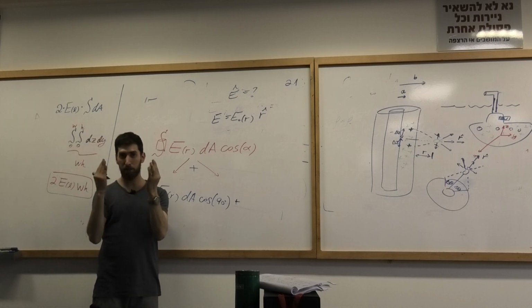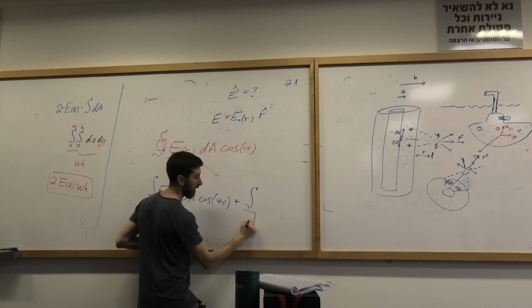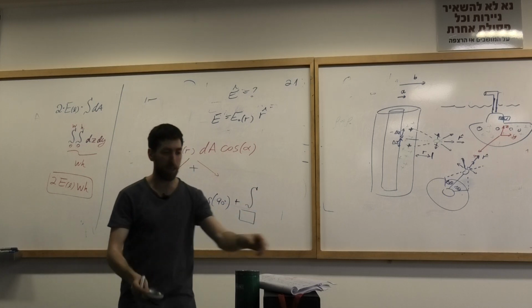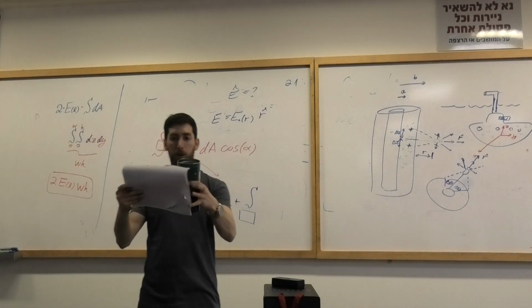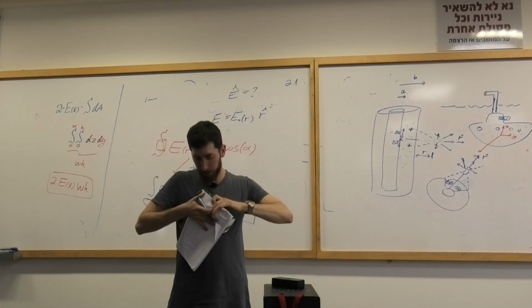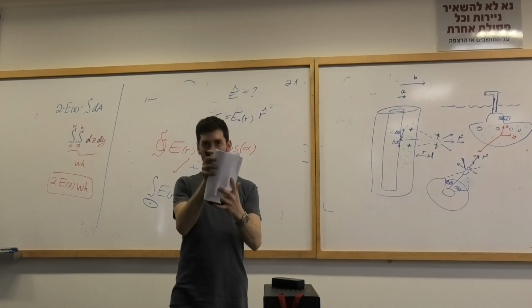The envelope, the body of the cylinder. We end up with the envelope and I can open it up, take this paper and just wrap it up like this. This is what I'm left with.